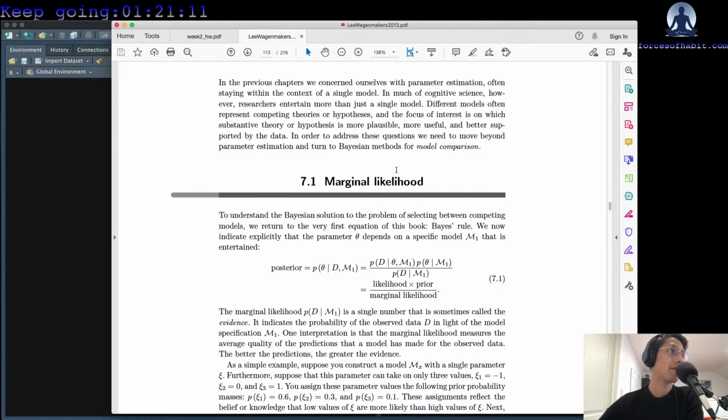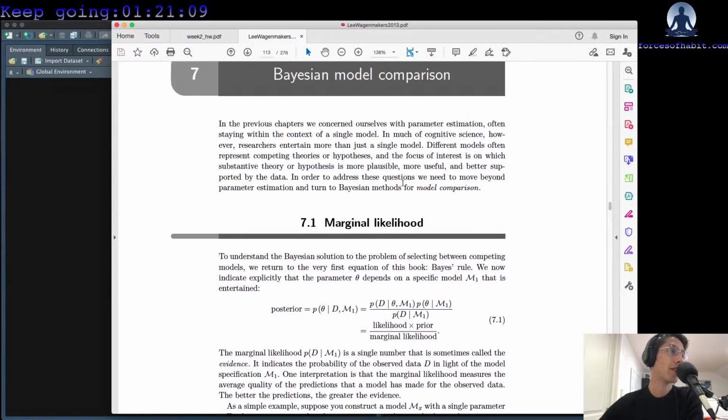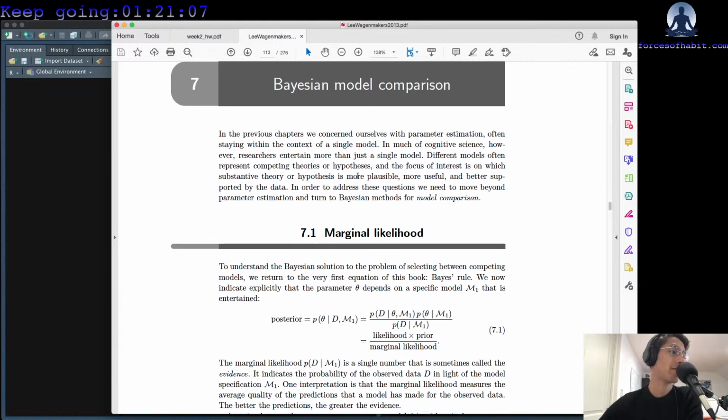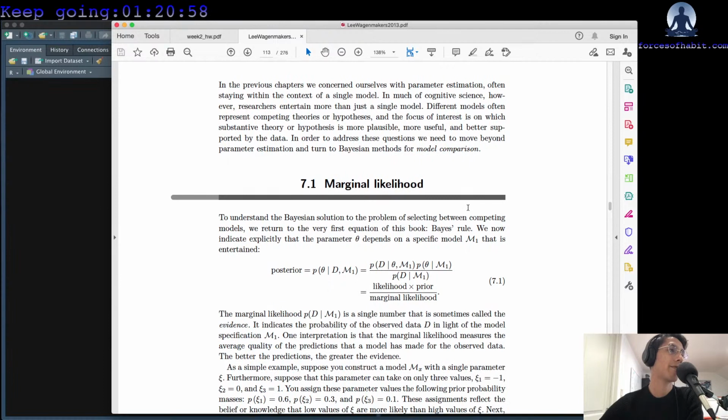So to address those questions using a statistical framework embedded in Bayesian thinking, we're going to talk about how Bayesians go about comparing these models, right?